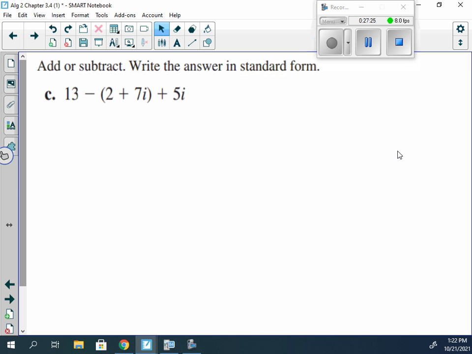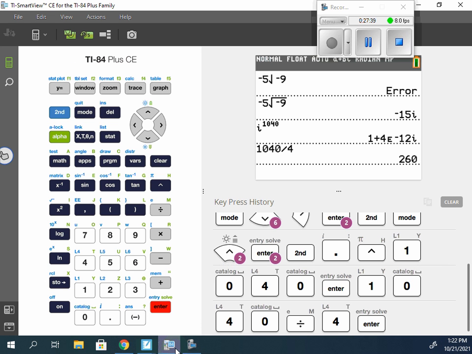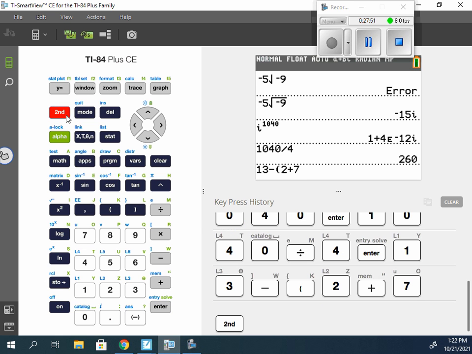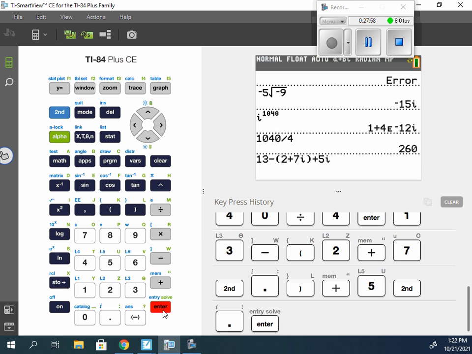So we have 13 minus parentheses 2 plus 7i, close parentheses, plus 5i. So let's try plugging it in. 13 minus parentheses 2 plus 7 second i, close parentheses, plus 5 second i, enter.